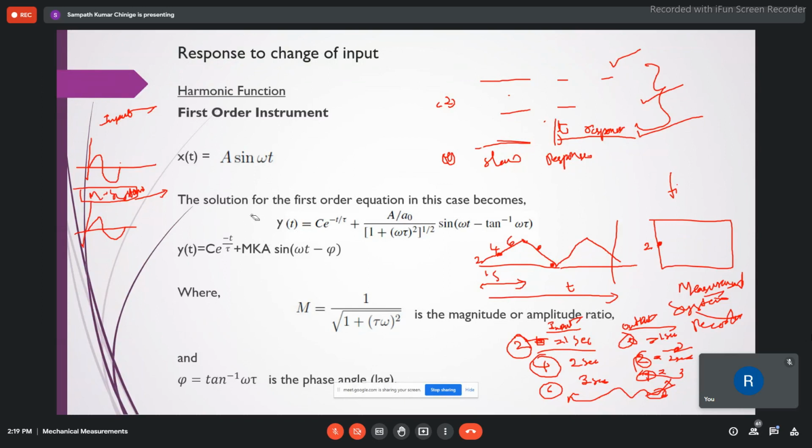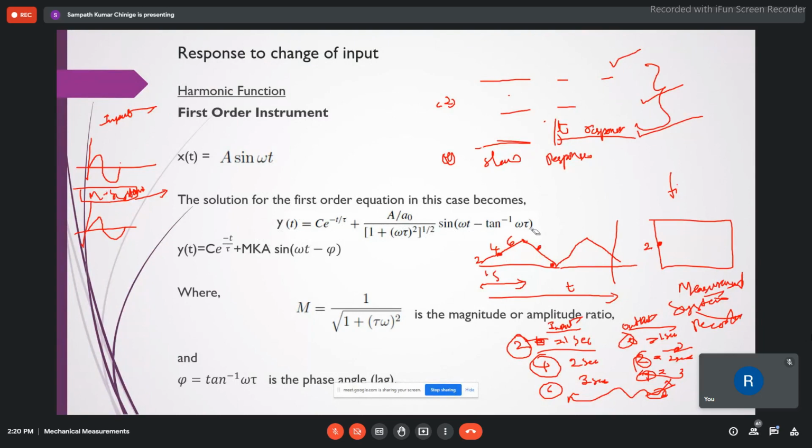So if you use a1 by a naught into that expression, and when the order is 1, that expression is equivalent to a sine omega t, and when you solve the generalized equation, you will get an output value like this: y(t) = C e^(-t/tau) + A/(a0 (1 + (omega tau)^2)^(1/2)) sin(omega t - tan^-1(omega tau)). This is what you will get.